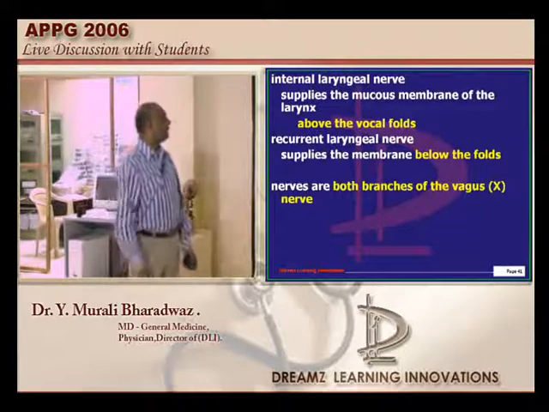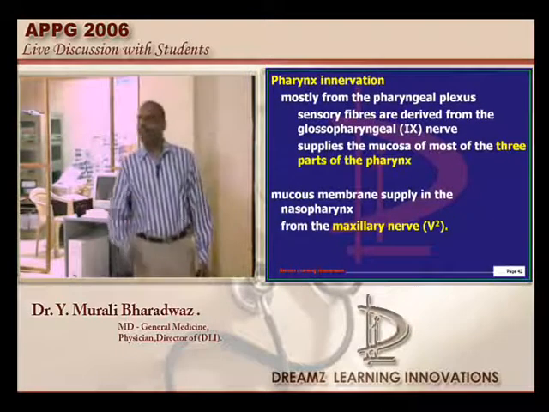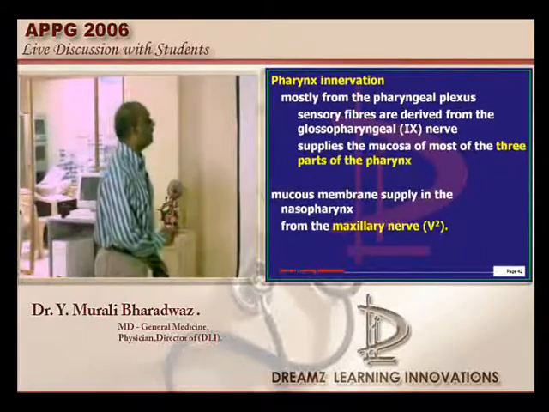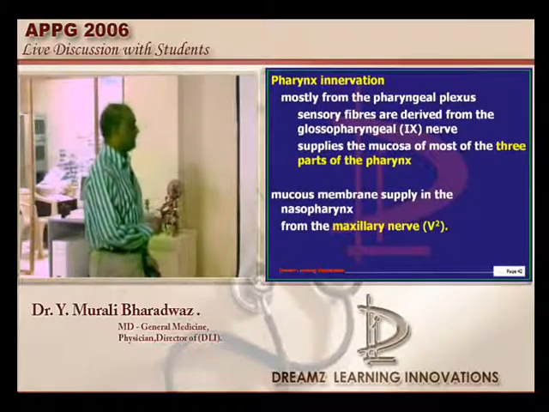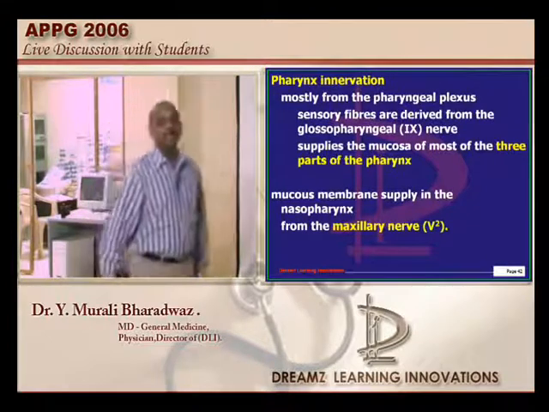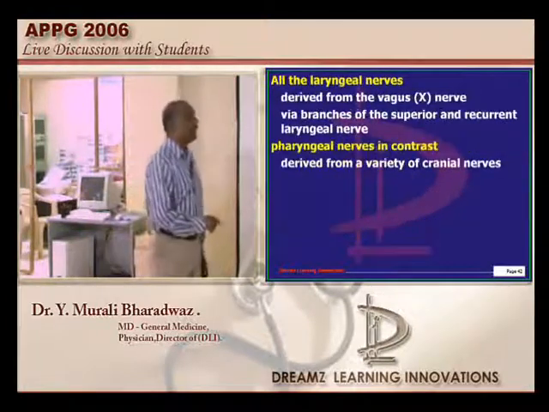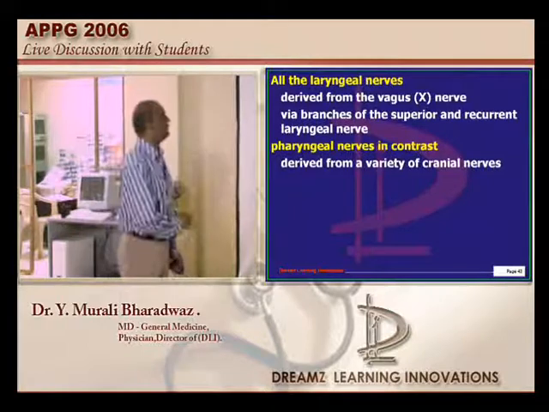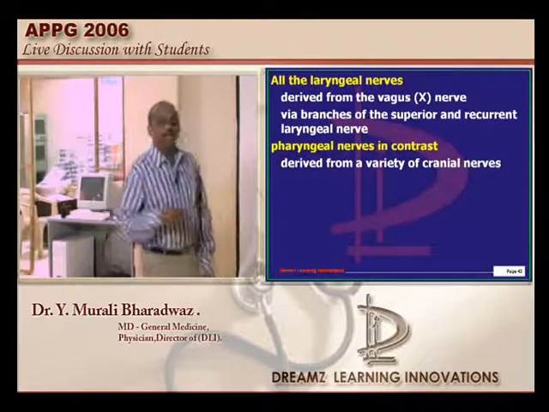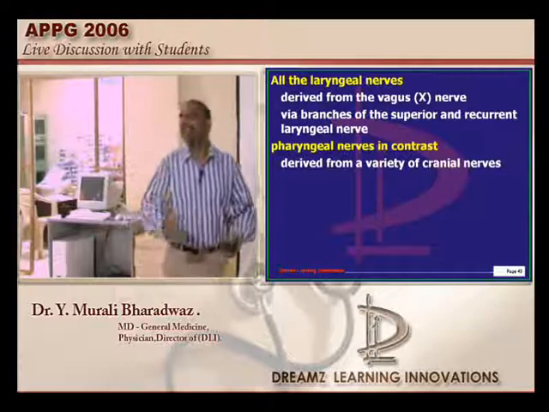Coming to the pharynx, most of the sensory innervation derives from the glossopharyngeal nerve and the pharyngeal plexus, but the mucous membrane of the nasopharyngeal part comes from the maxillary nerve, one small exception that needs to be remembered. All the laryngeal nerves, whatever their name, are derived from the vagus nerve, whereas the pharynx derives not only from the vagus but has multiple nerves innervating it.